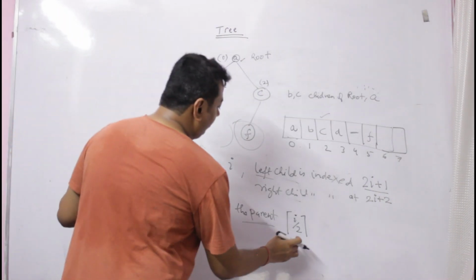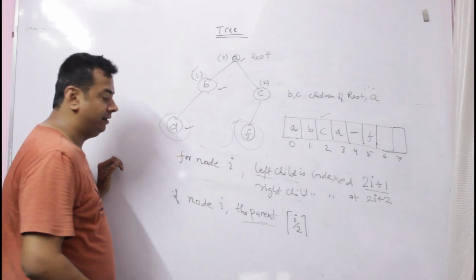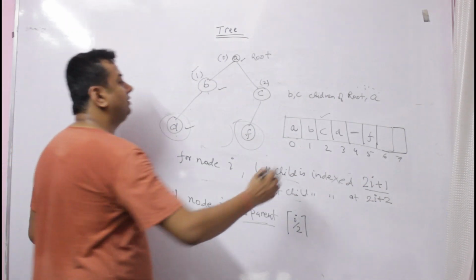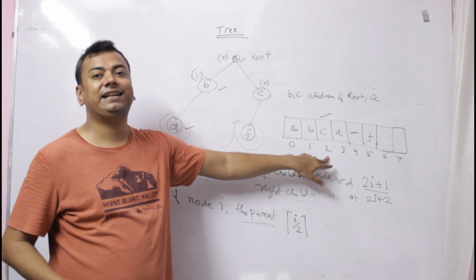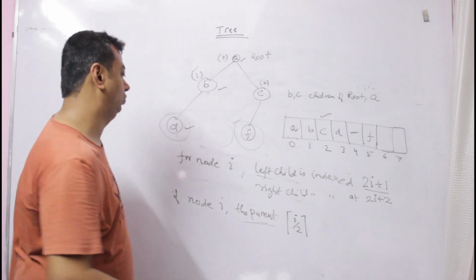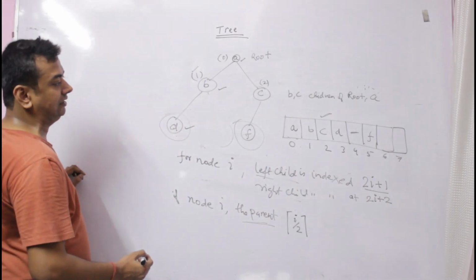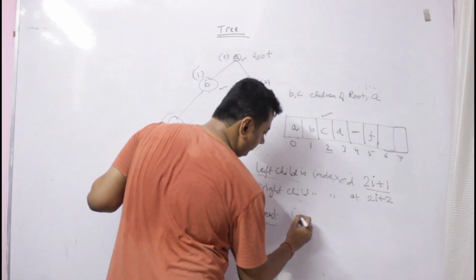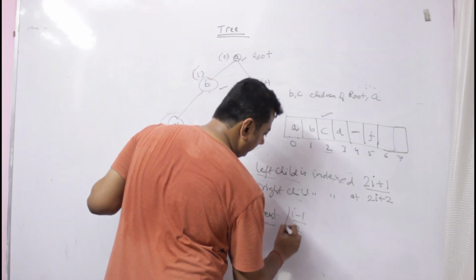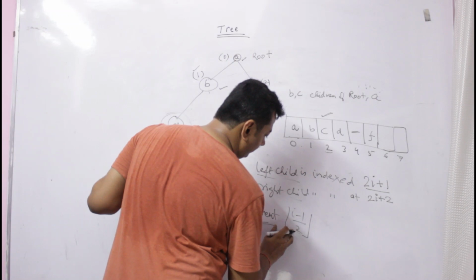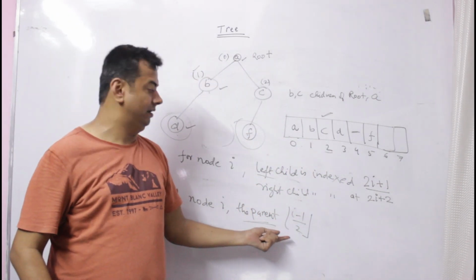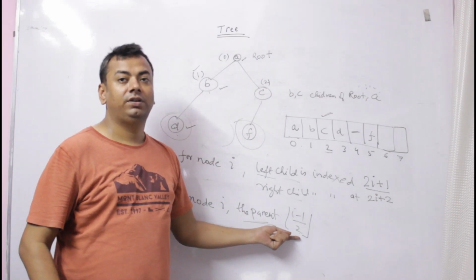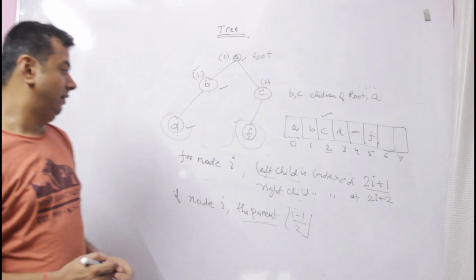Now how to compute the parent for any node I? Suppose I have this element C, which is at index 2. So this is (I minus 1) upon 2, and this is a floor function.